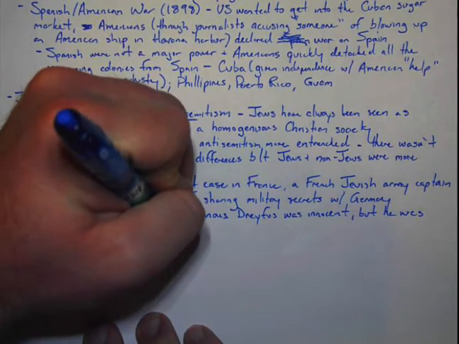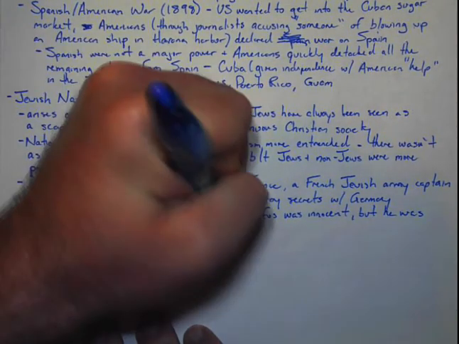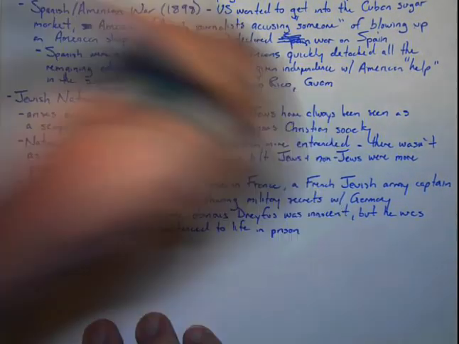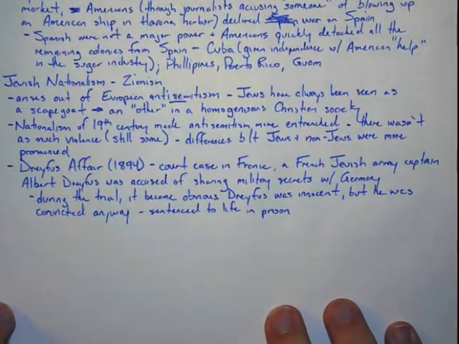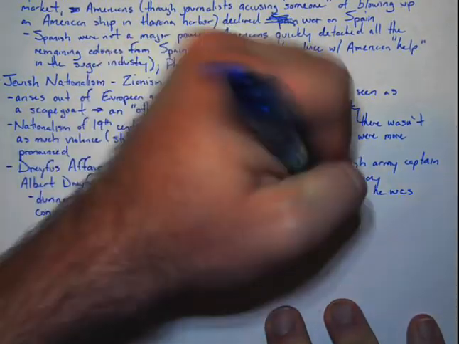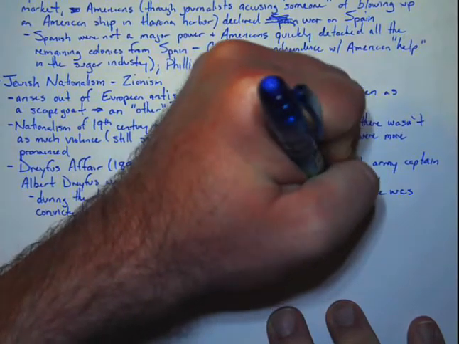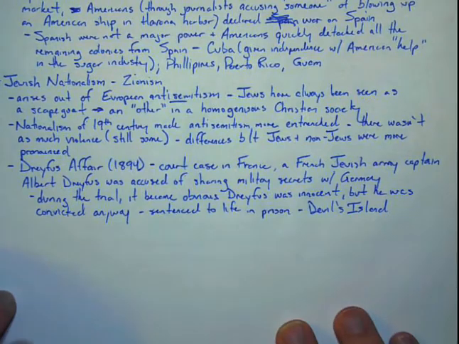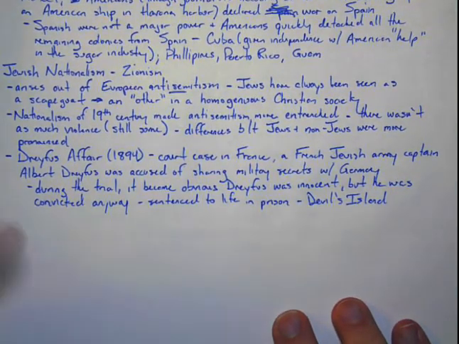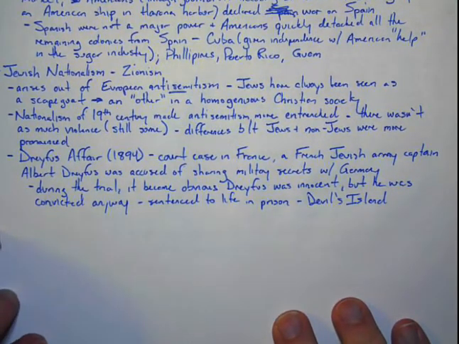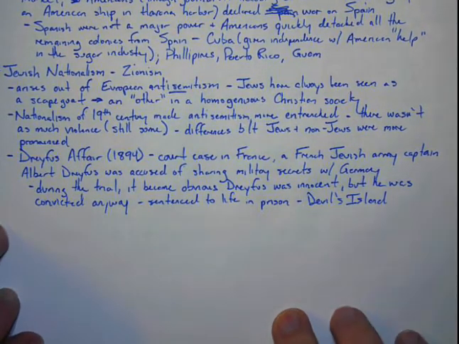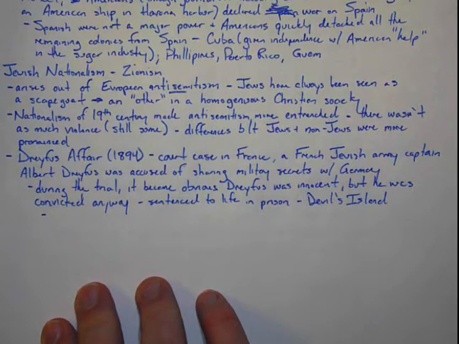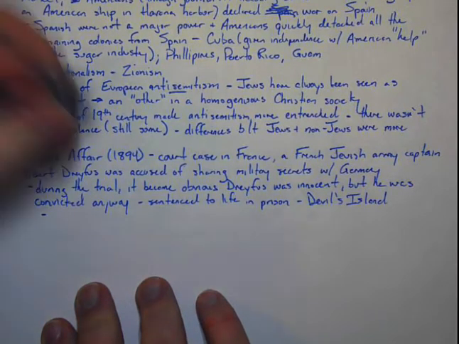And sentenced to life in prison on a prison island in South America called Devil's Island. So, not a great place to be sentenced to. And it became pretty apparent that the only reason he was convicted was because he was Jewish.